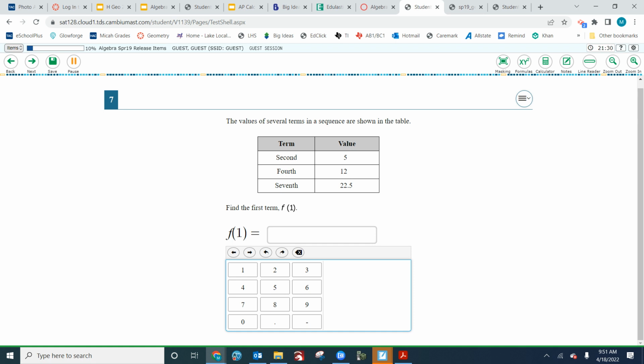Times something, times something, times something. So you can go 3.5. I think you're adding 3.5, right?